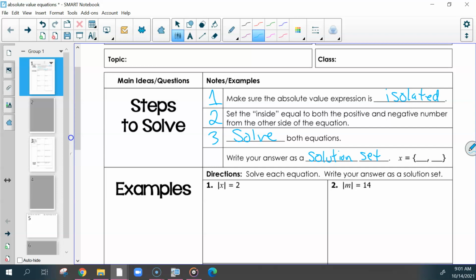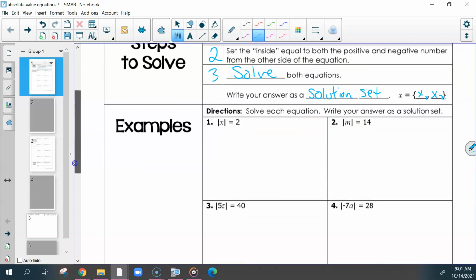That was a solution set. x1, x2, whatever the solutions are. Some of these start out really easy and then they get into harder examples.